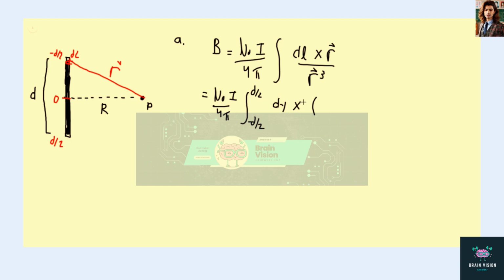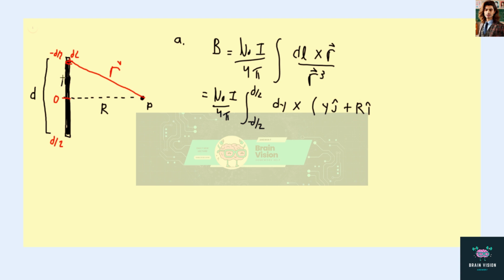To do this cross product, it'll be easier if we write the r vector in terms of its components, since parallel ones will just be 0. At this arbitrary point, our r vector is whatever y position it's at, so it has some vertical height: y j hat, plus r i hat.